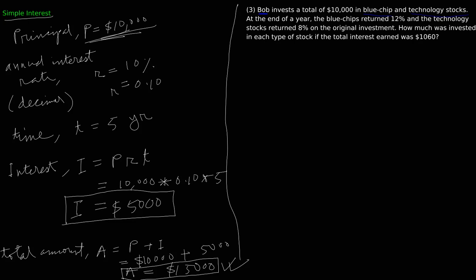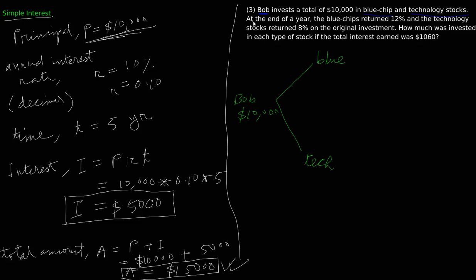Let's write it down so that we have no confusion. Bob has a total of $10,000, and he invests some in blue chip, so I just write blue, and the rest in technology stock, so I write tech here.